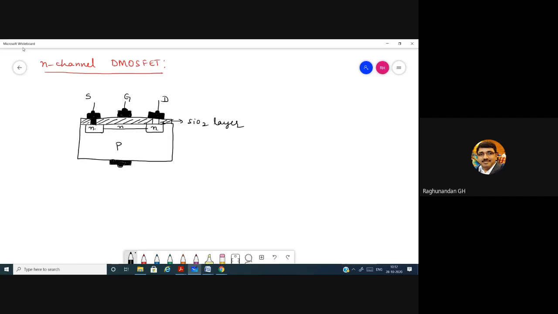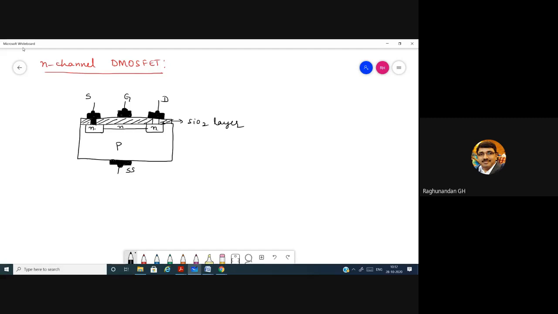Maybe in the Viva or any interview, they can ask you, how many terminals a MOSFET is having? This is known as the substrate connection. So substrate terminal. There are four terminals for MOSFET.